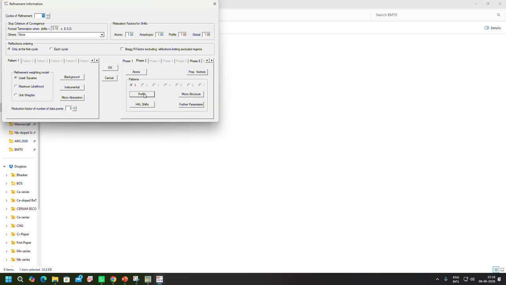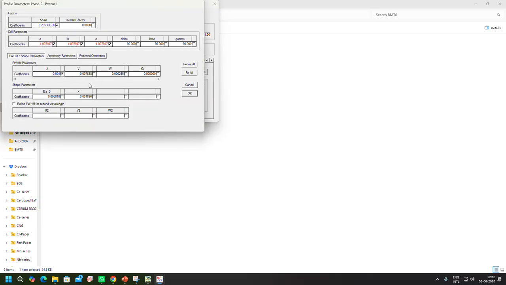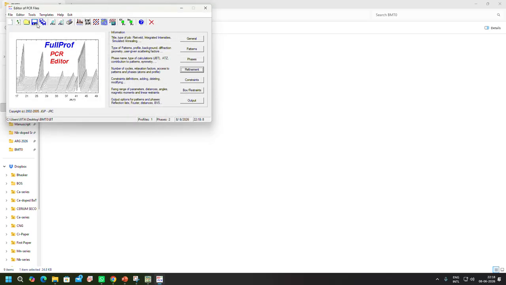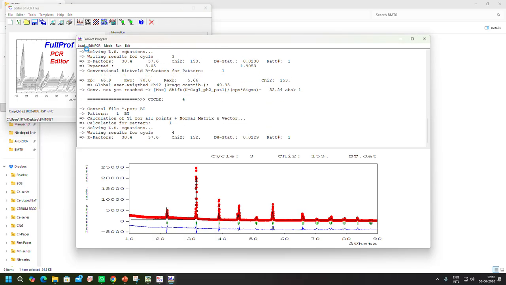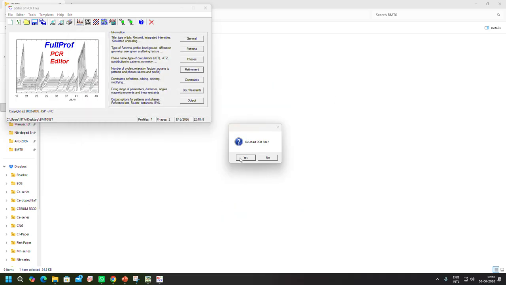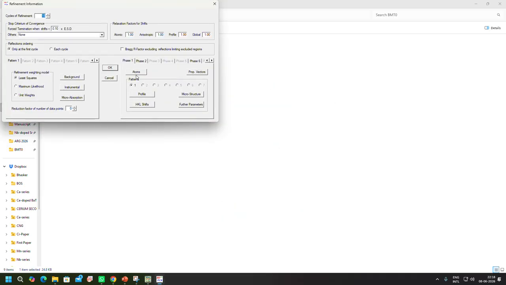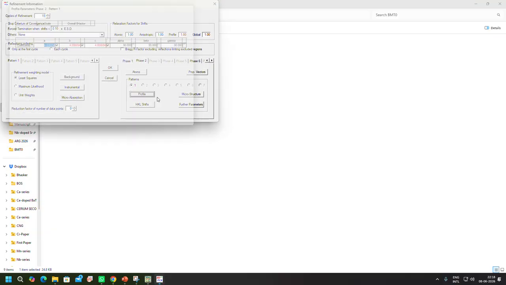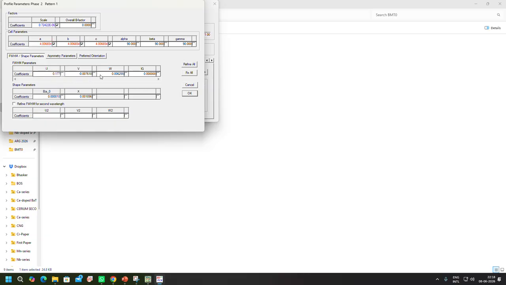So now here you start for the profile 2, and one by one in the same way you refine the profile parameters for phase 2 also, and when you run it, you just see the differences. Okay, so you just go to profile 2, and then you just choose one by one.